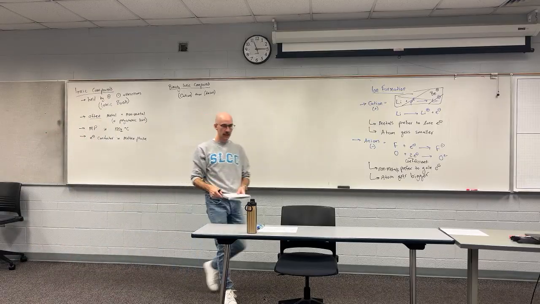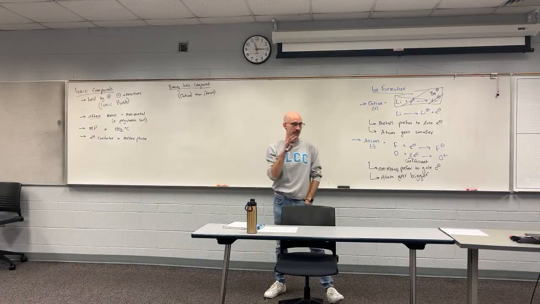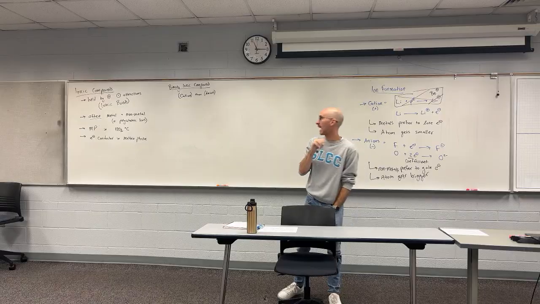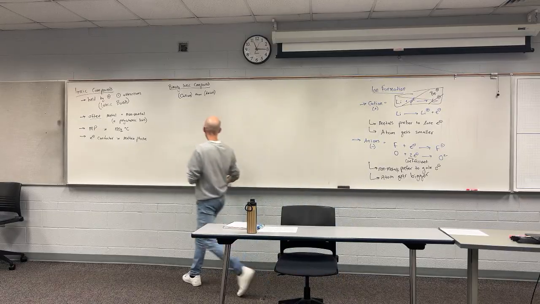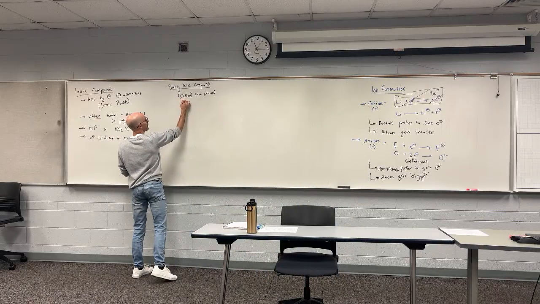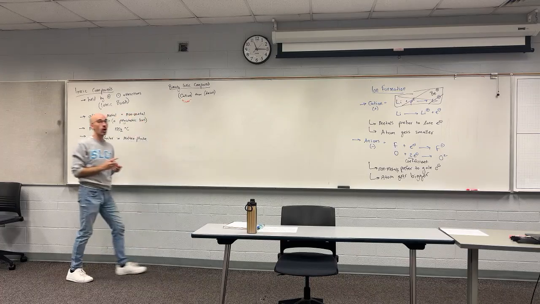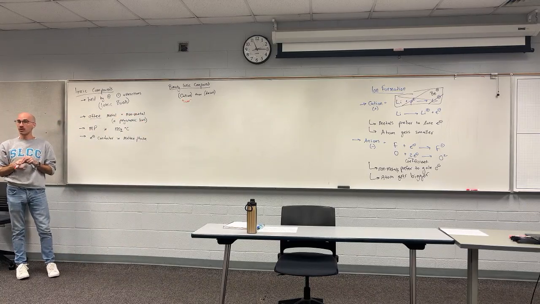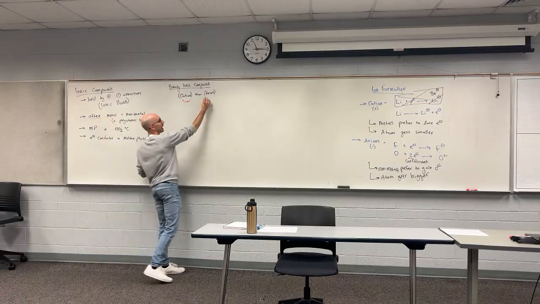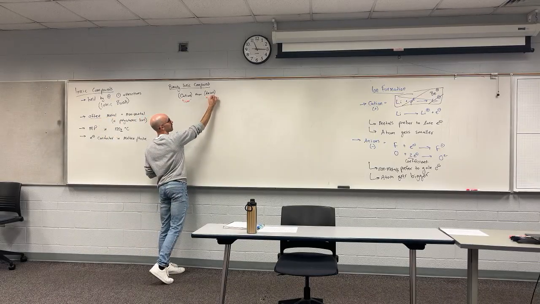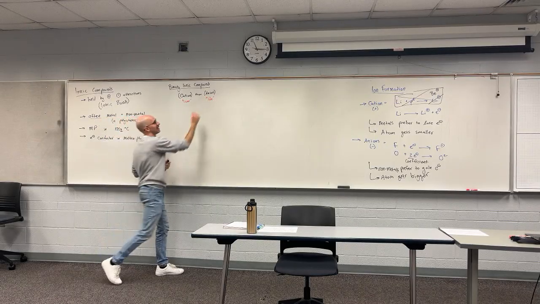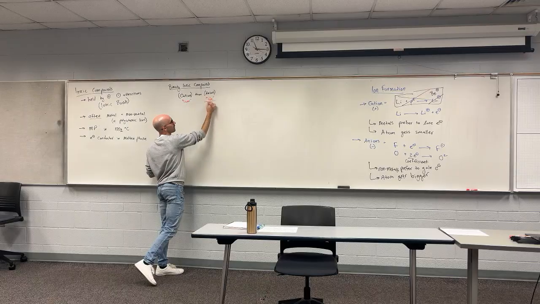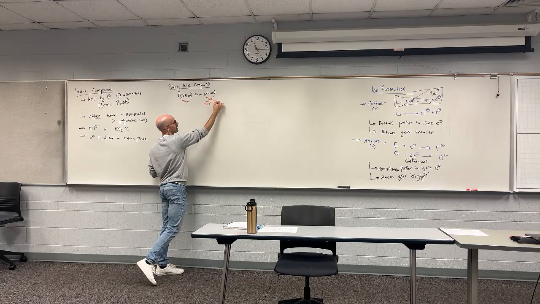We often have these two parts of the name. The cation often ends with ium: sodium, potassium, ammonium. And the anion often ends with IDE, but can also be things like ATE or ITE.